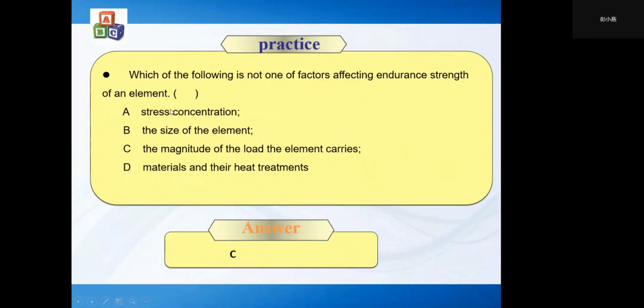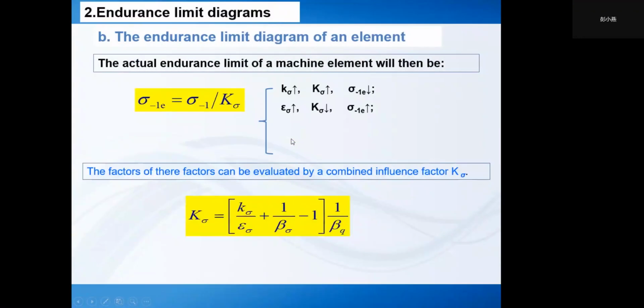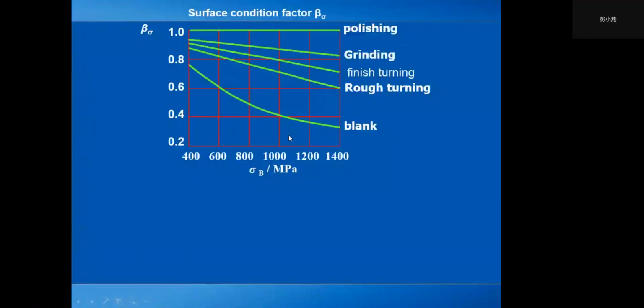The stress concentration will affect the endurance limit. For example, a shoulder on the shaft will decrease the endurance stress. For the size of the element, we have this picture.